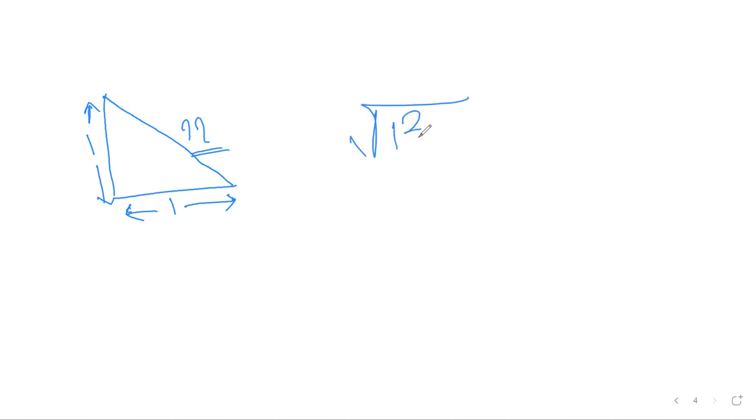We have a right angle triangle, with two sides of 1 centimeter each. And what is the length of this edge? It is the square root of 1 square plus 1 square, right? That is root 2. So root 2 exists, first of all.